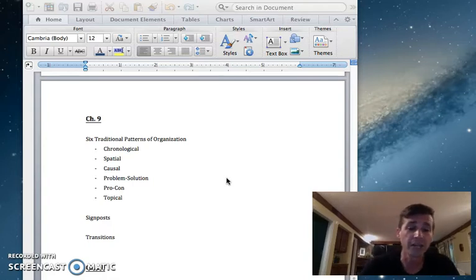Okay, moving on in chapter 9, signposts. These are really important. A lot of times signposts are just one or two words, something like next, finally, so on and so forth. These are simply words that help you and your listener know where you're at in your speech and that you're moving forward. Transitions, same idea, but a little bit more detailed.